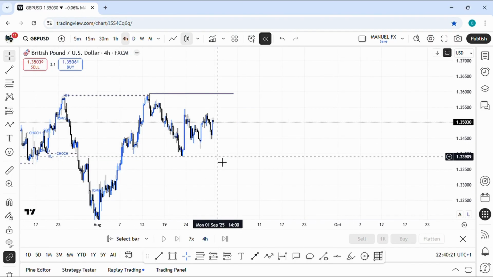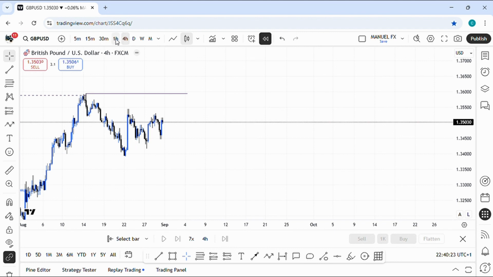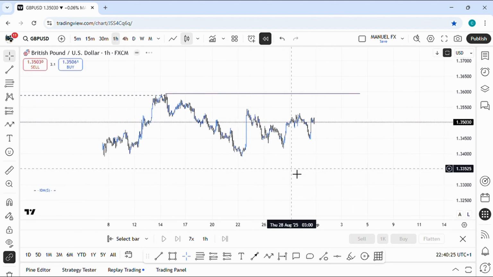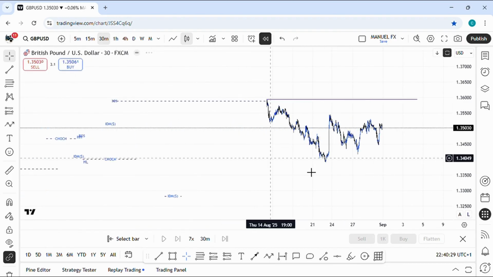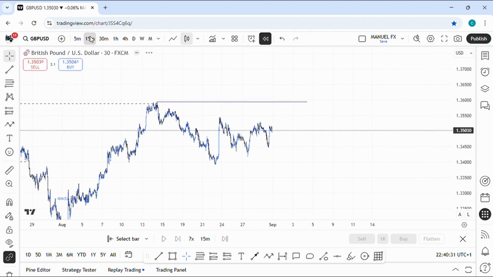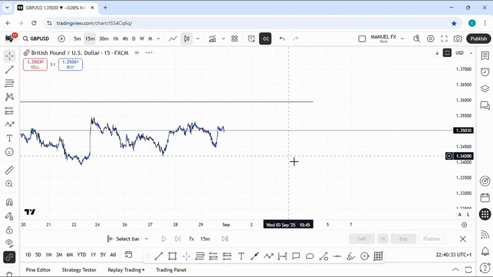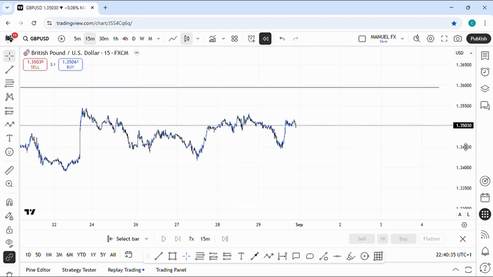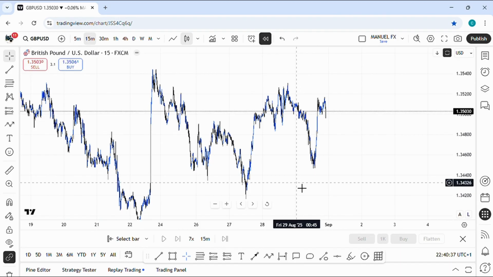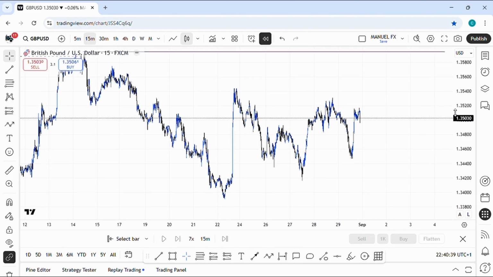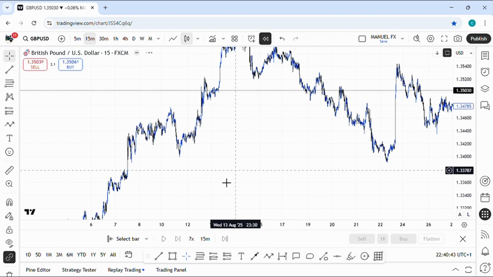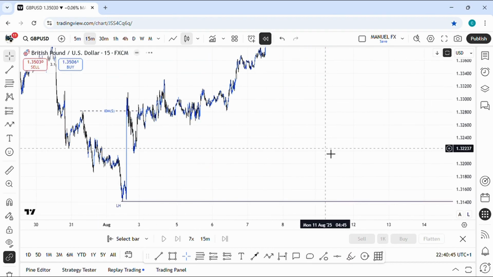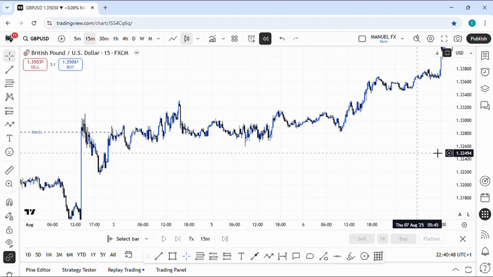Market is actually going sideways in this zone. Let's check the 30 minutes time frame. Let's check the 15 minutes. The market is going sideways here. Okay, this is a sideways market.